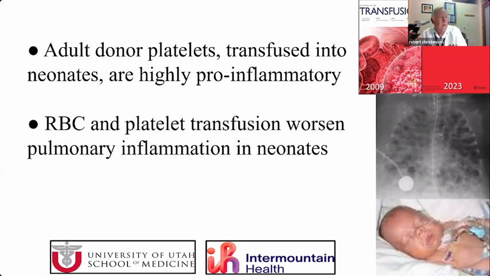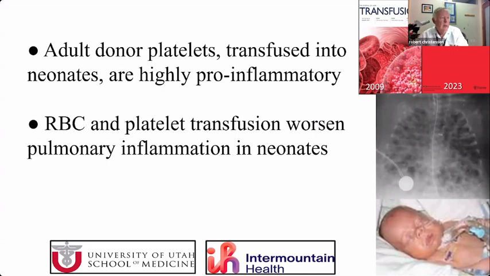Adult donor platelets that are transfused into neonates, it's a wrong paradigm. If we could avoid that, now sometimes we can't, but if we could avoid that, we're avoiding putting pro-inflammatory cells into a baby who probably already has some degree of lung damage.